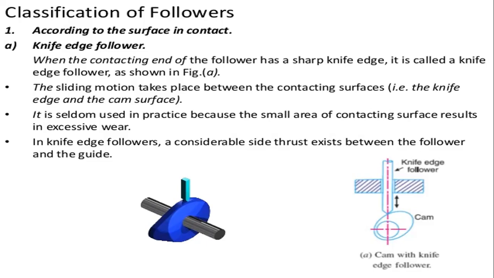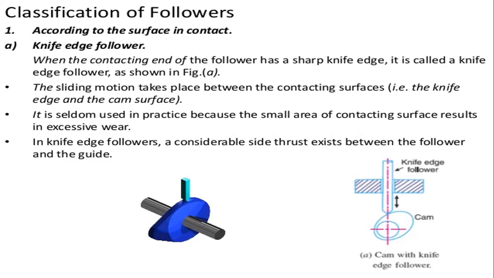When you classify the followers, you have to classify the basic type, that is the usage type of follower. The first one, according to the surface in contact, is the knife edge follower.